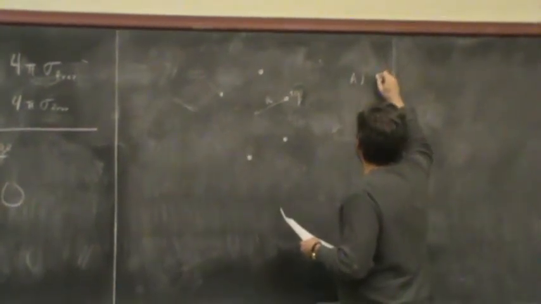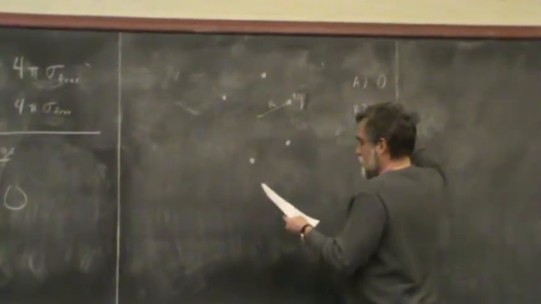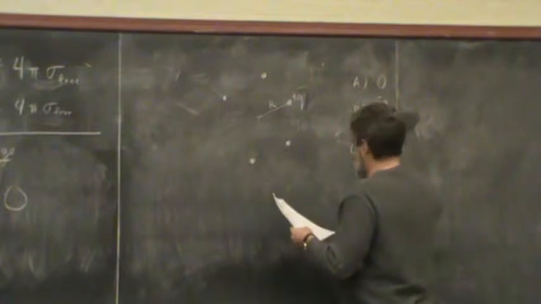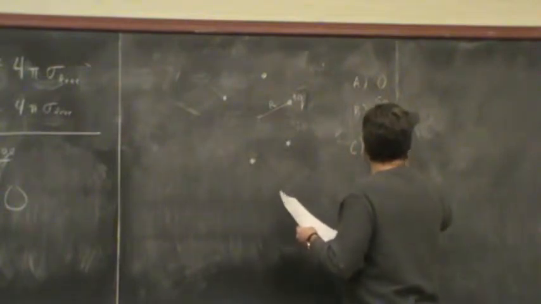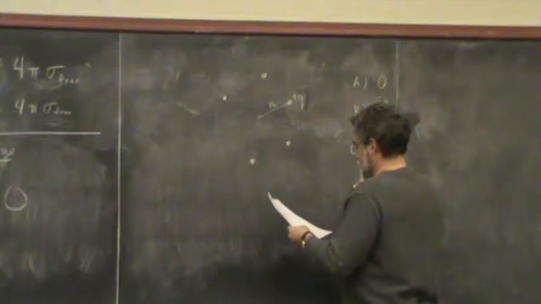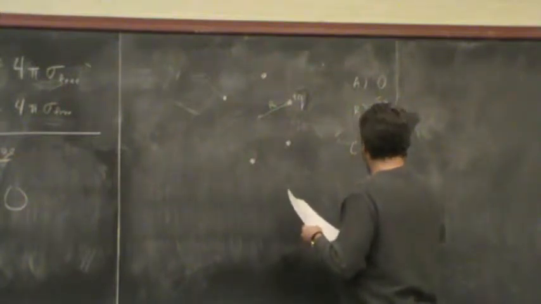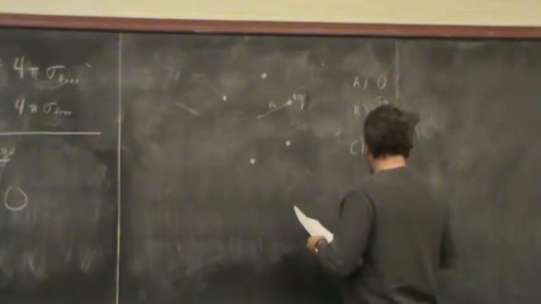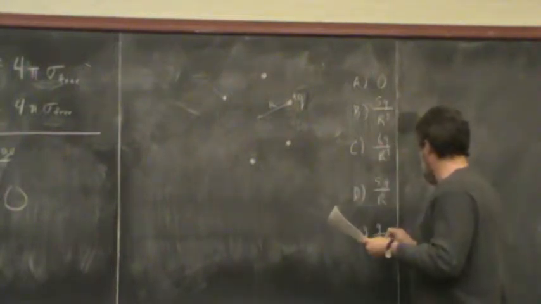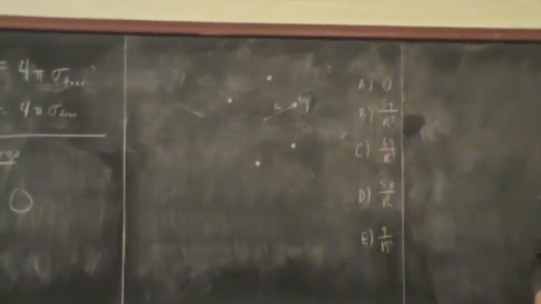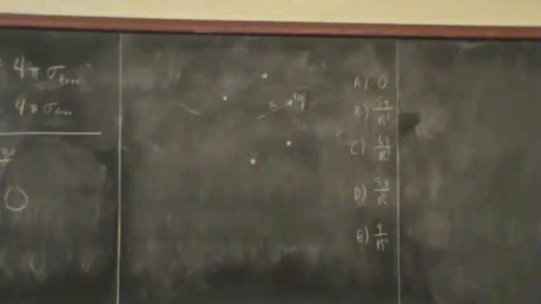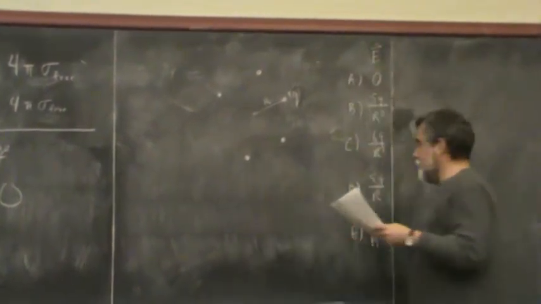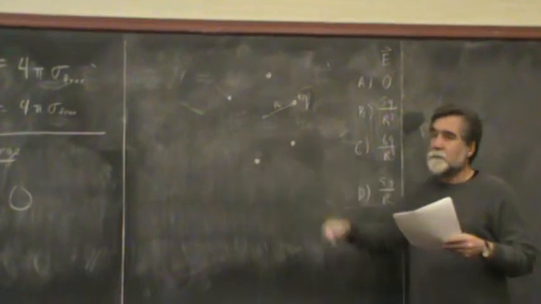And the answers were 0, 5q over r squared, 6q over r squared, 5q over r, and q over r squared. So those were your choices. The E field at the center. All right?